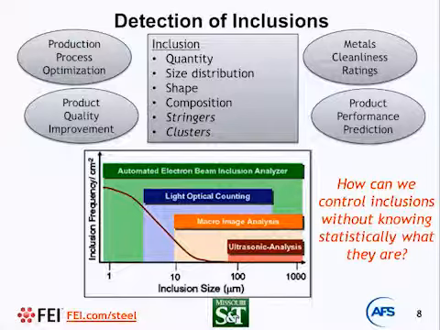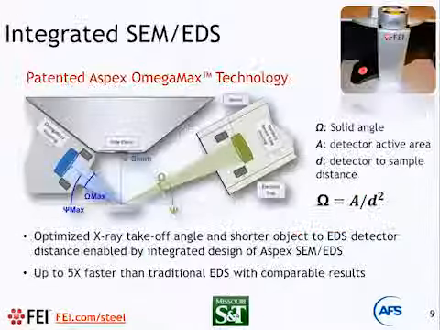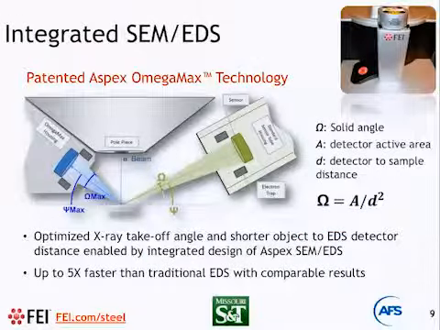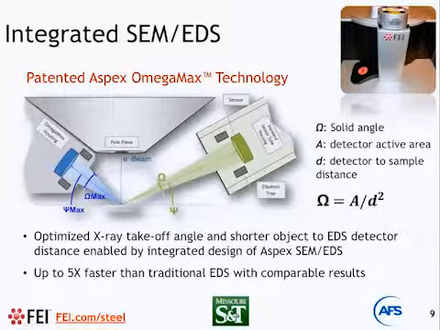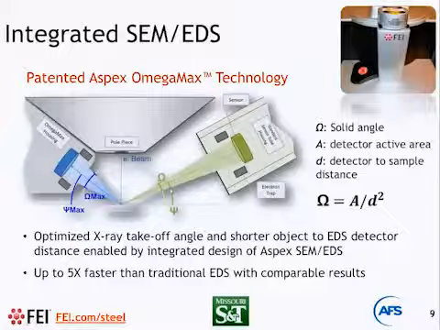Here I would like to give a brief introduction of the SEM and EDS technology. SEM is a scanning electron microscope. EDS is the energy dispersive X-ray spectrometer. The schematic shown on the left side of the slide shows the electron beam coming from a column.